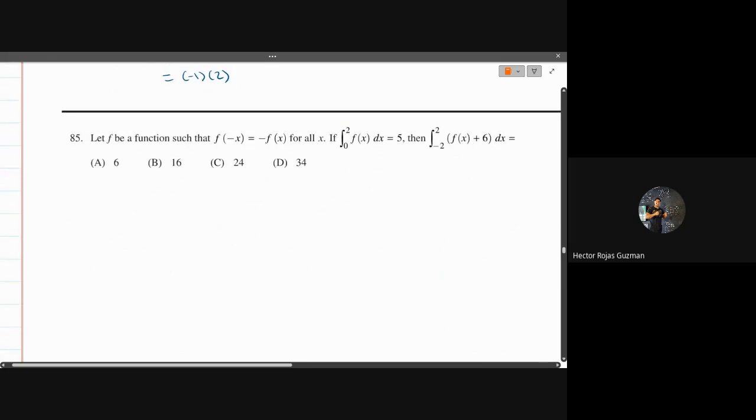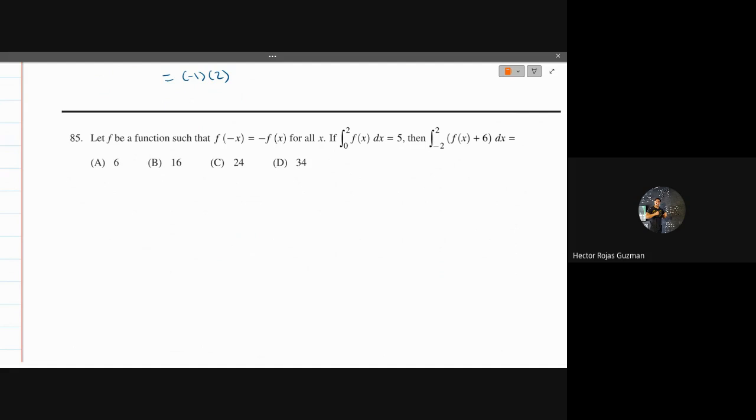All right. We want to figure out this guy. Oh, we have f is a function such that f of -x equals -f of x. Let me tell you what that means. There's odd functions and there's even functions.